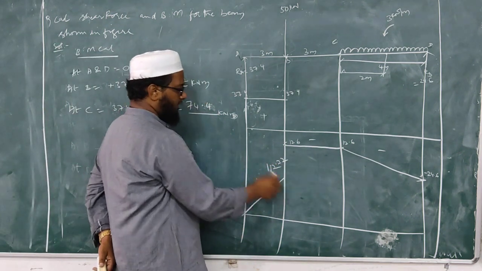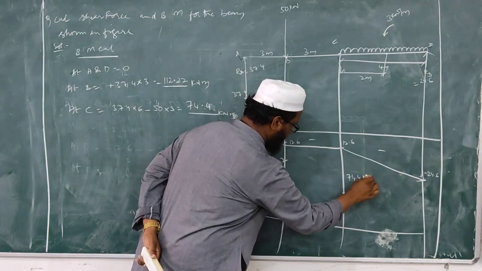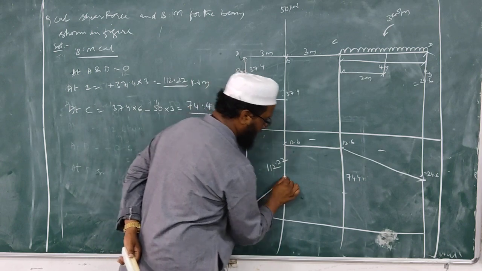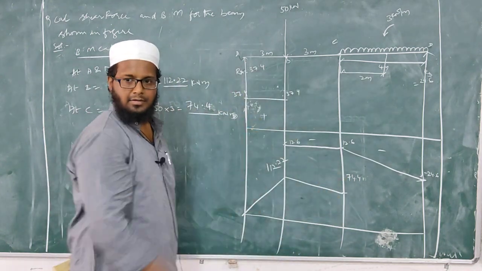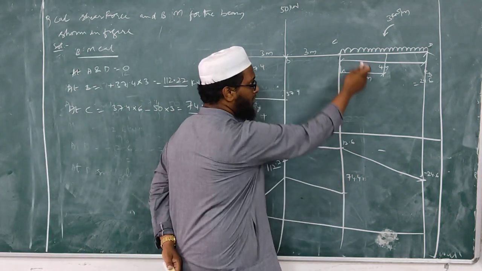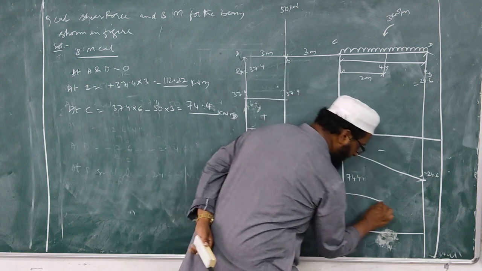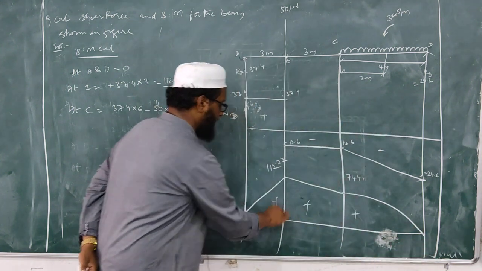Then we have 74.44. This is also an inclined line. Then we have a 0. How will you go till 0? Since we have UDL, we'll be going in parabola. So this is positive bending moment.